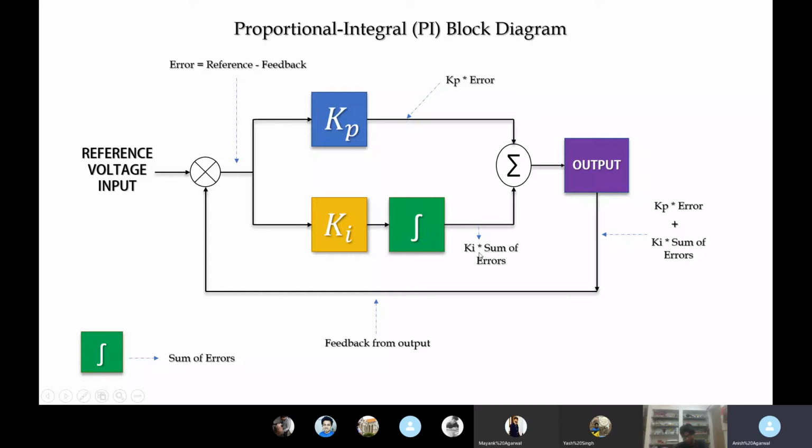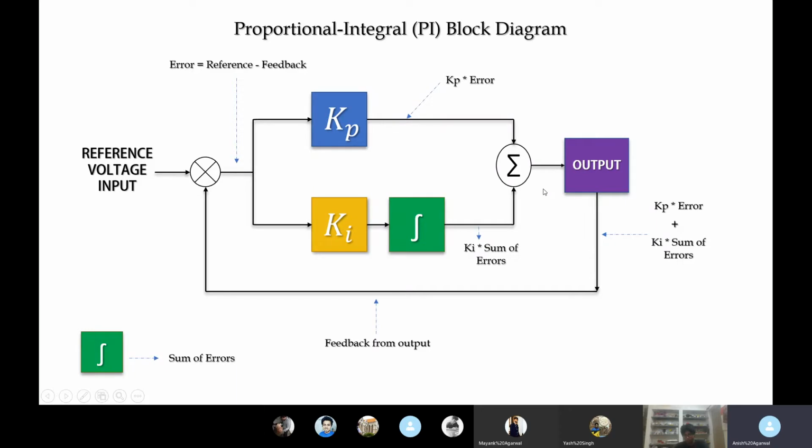Follow the mouse pointer, you will see. The output is the sum of Kp times error plus Ki times the sum of errors. And again this goes as the feedback. If we change the reference voltage, we'll get some error, and we will use that error again to reach the reference voltage.